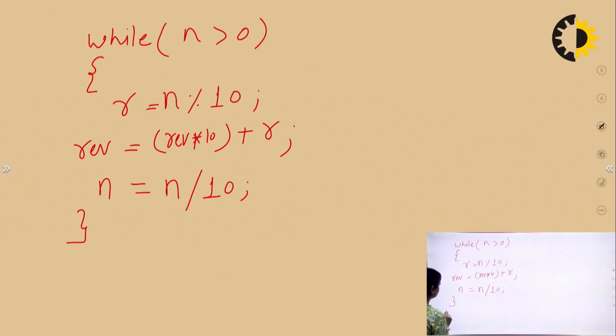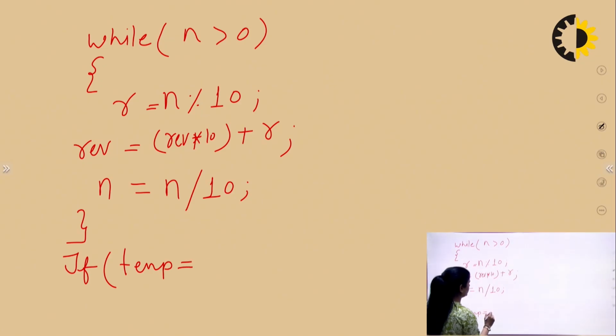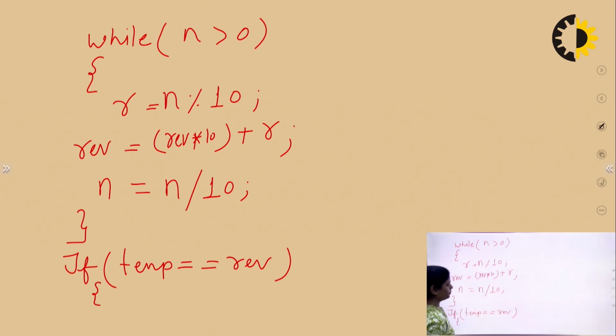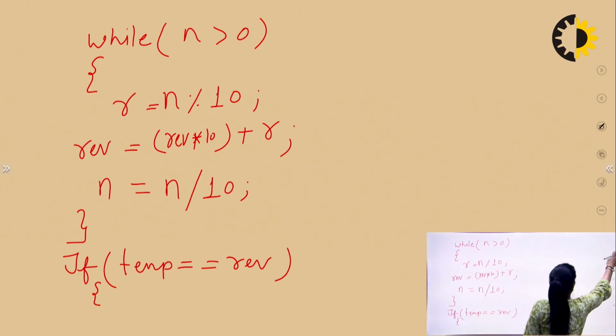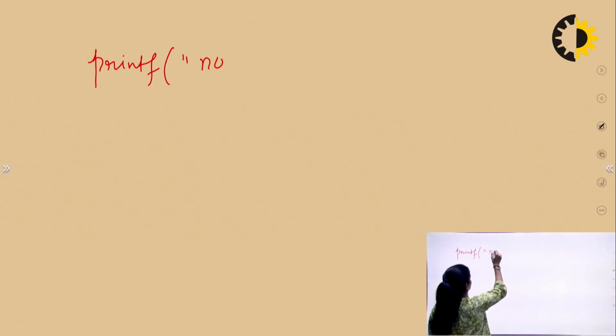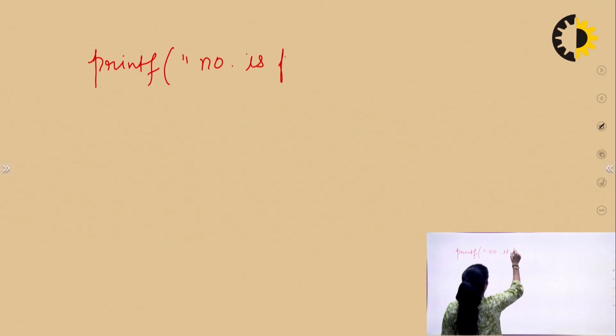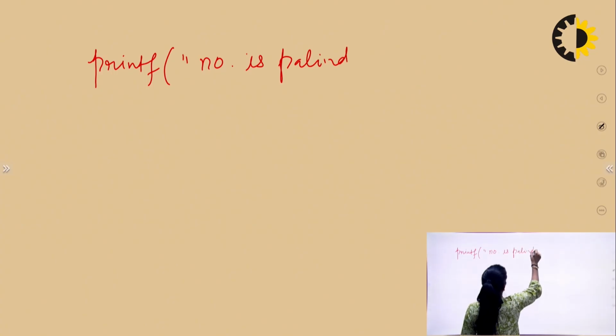Here we write if temp variable is equal to reverse number. If this condition is true, now print is number is palindrome.